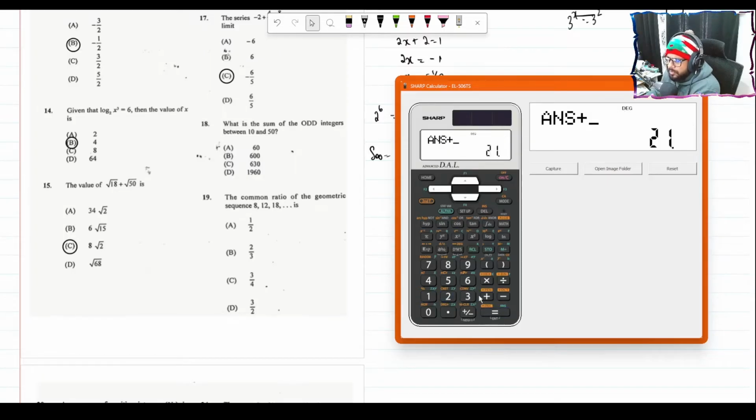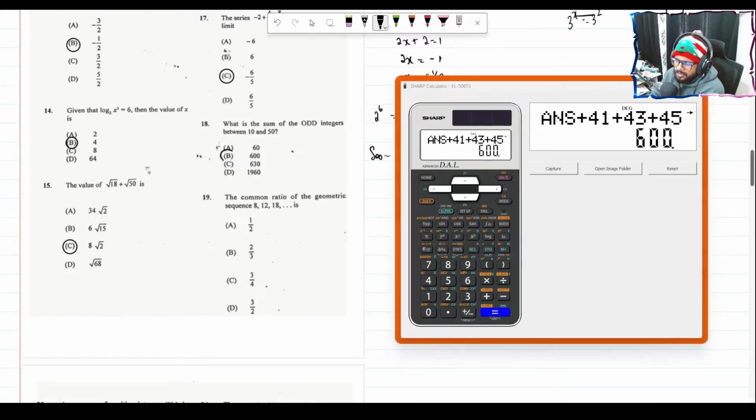Plus 21 plus 23 plus 25 plus 27 plus 29 equals. Plus 31 plus 33 plus 35 plus 37 plus 39 equals. Plus 41 plus 43 plus 45 plus 47 plus 49 equals 600. I think I did miss the 33.